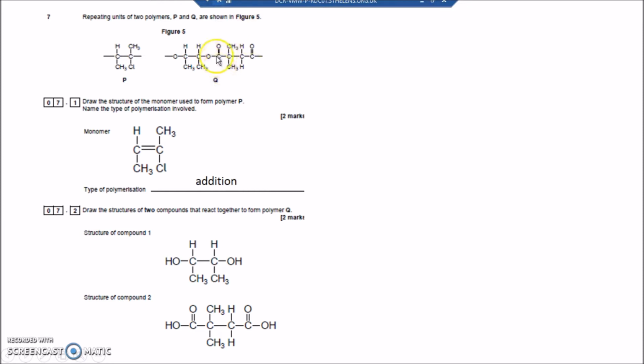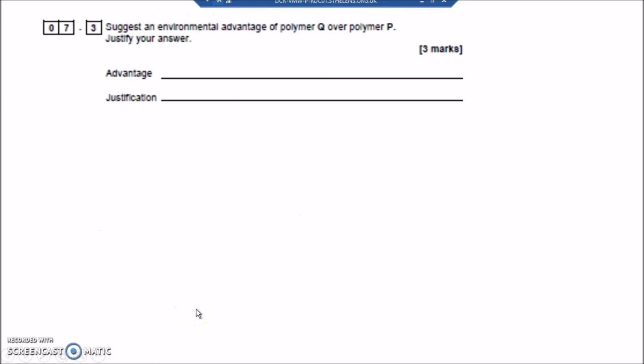The C-O is polar, and so an OH minus will attack that and it'll break that bond, and an H plus will attack that and break and reform the OH and the carboxylic acid again. So C-O is polar, can be attacked by nucleophiles such as OH minus, and acid will break it down as well.